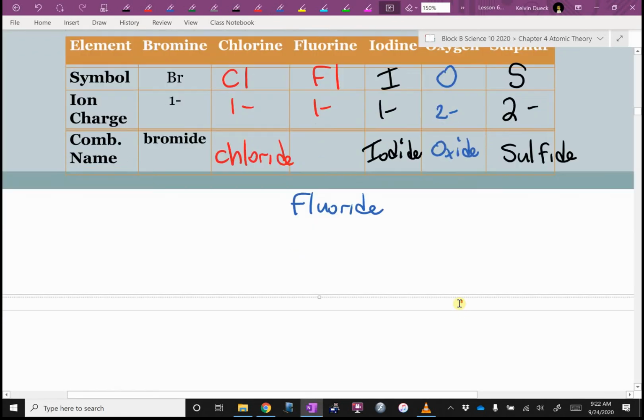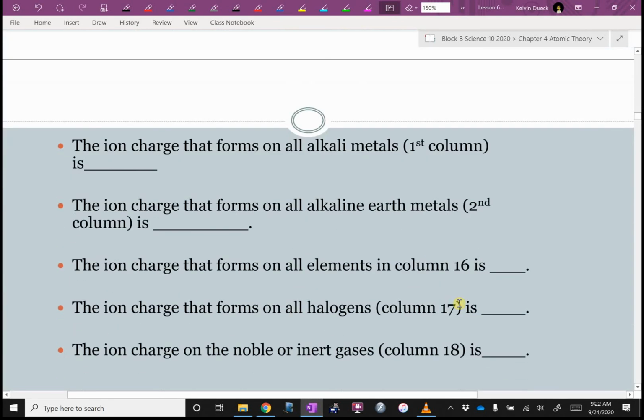Now we get to something a little trickier. Okay, some patterns. You hopefully notice the ion charge that forms on all the alkali metals in the first column is what? Yep, good. What's the ion charge that forms on all the alkaline earth metals, the second column? 2 plus.